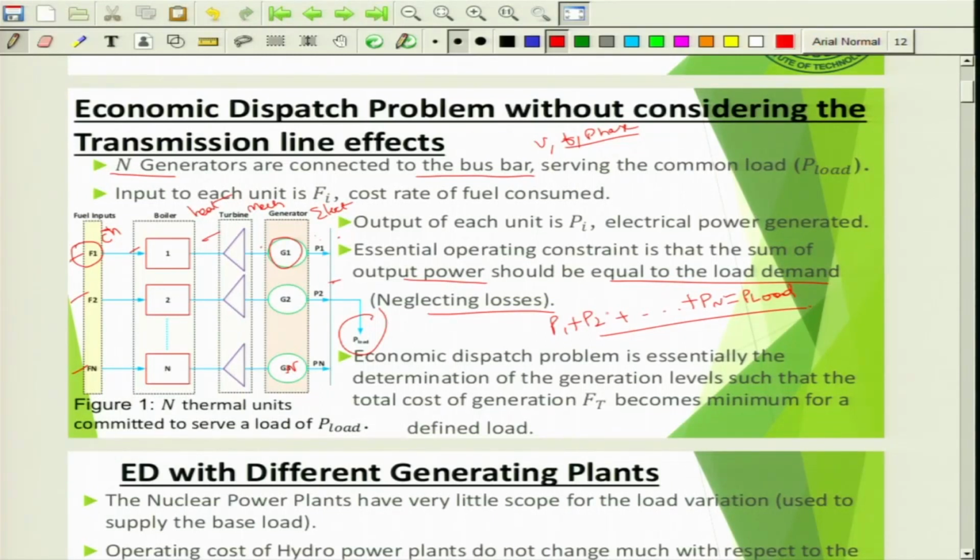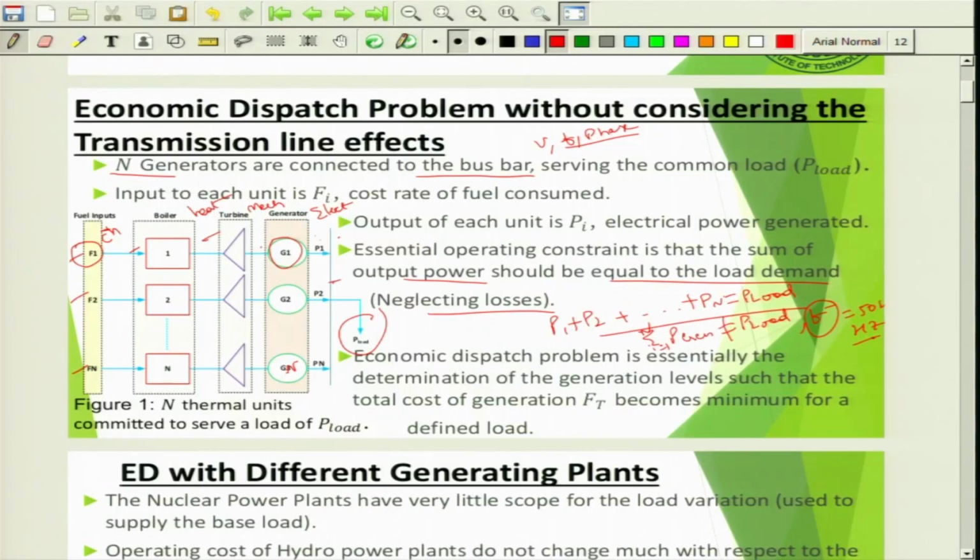Because if the total generation, the summation of Pi from i equal to 1 to n, is not equal to P load, then the important parameter, that is frequency, gets disturbed. The frequency gets varied, and it should be fixed for safe, constant and stable operation of the system, which is 50 hertz, right.